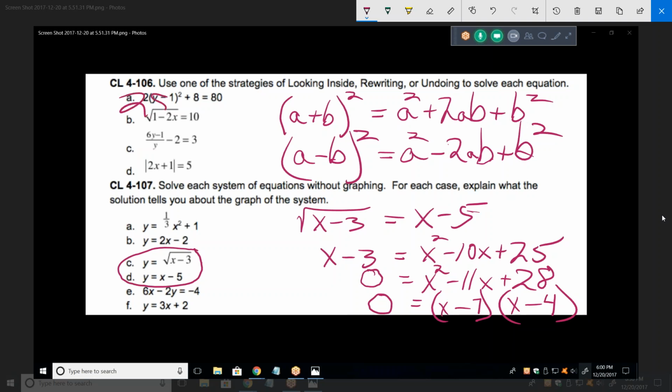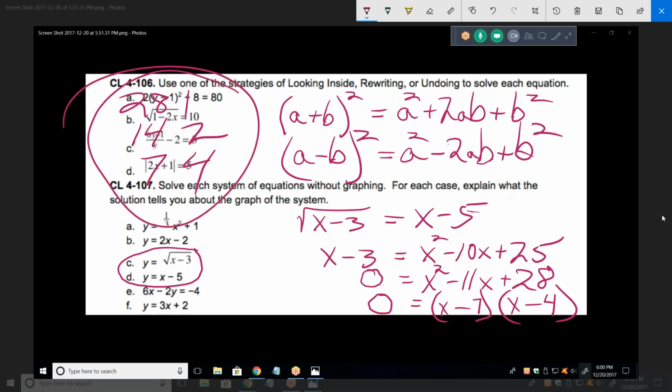Oh, 7 and 4. In other words, the first time you cut it in half, you got that. Well, try to cut it in half again. And that actually gives you all of them. You don't even need to investigate the rest of it. Once you get that down to a prime number, you're done. So 7 and 4. So the answer is x equals 7 or x equals 4.